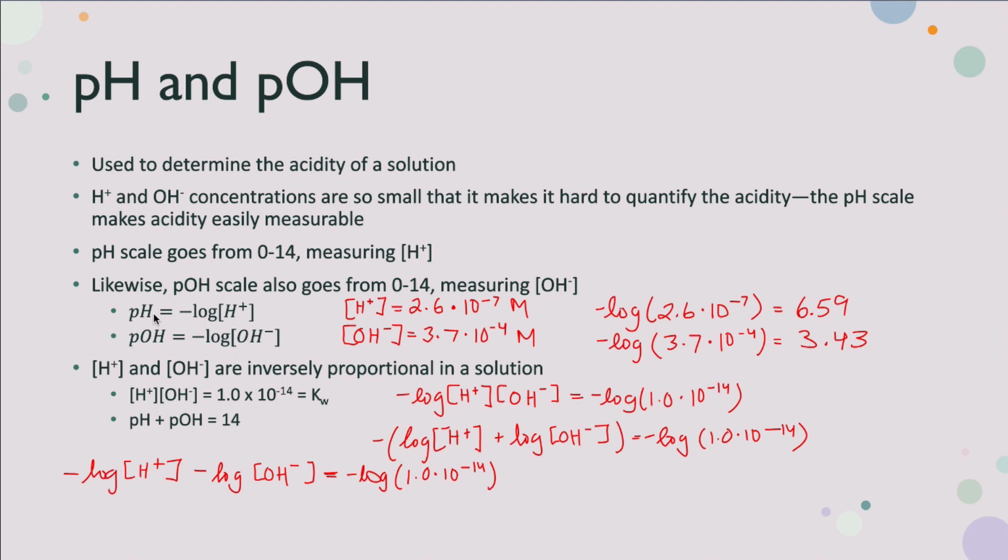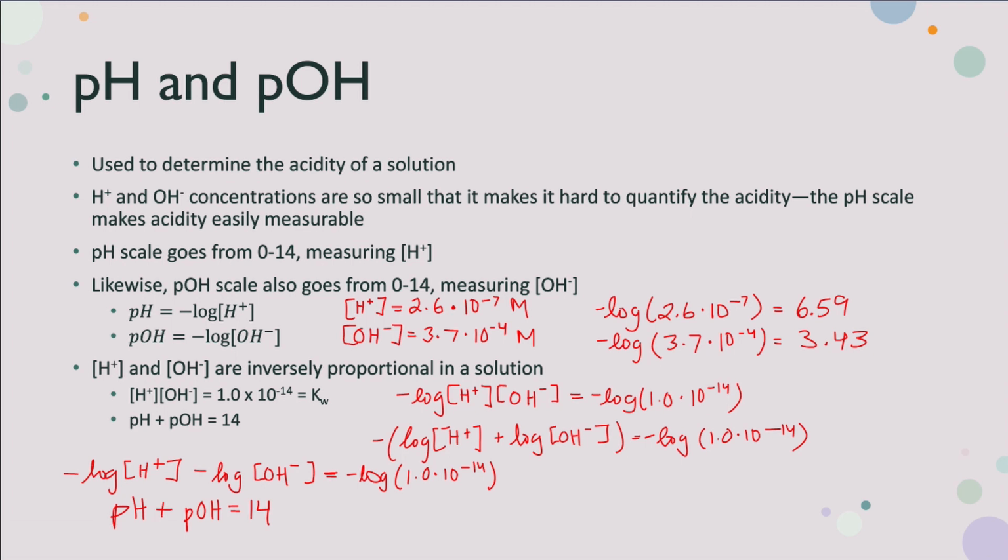And since these are equal to these, this is essentially pH. So this is pH, and pOH is negative log of OH minus, so this is pH plus pOH. And the negative log of 1.0 times 10 to the minus 14 is 14. And that's where we get this second equation from.